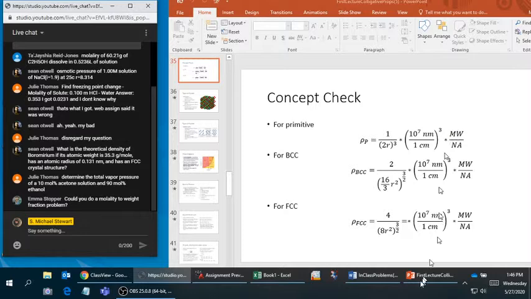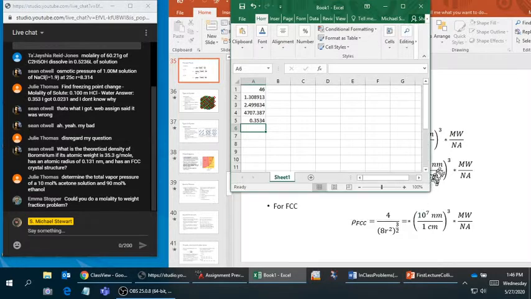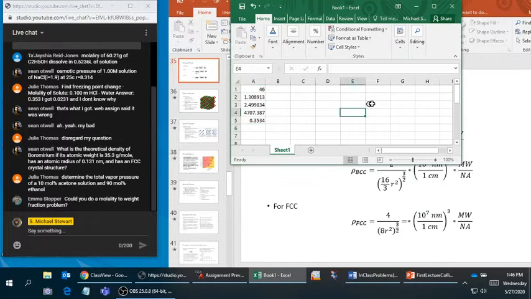So what I'm going to do is I'm going to pop this out in Excel really quick. Biggest mistake I see with these types of problems is just entering it into the calculator more than anything else. So just kind of litter this with parentheses. So the first part of the formula is 4 divided by 8 times the radius squared, which is 0.131.